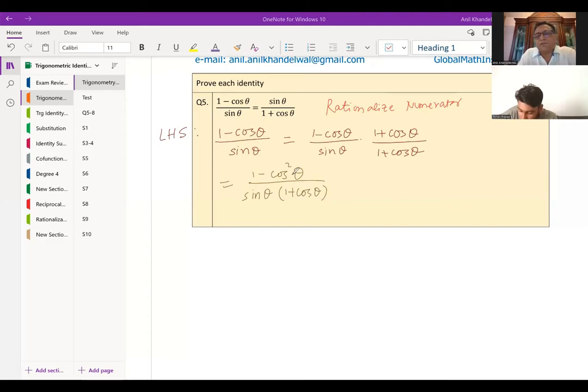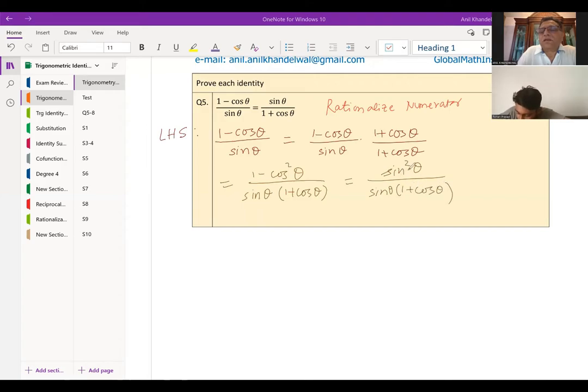Look here. If you look at the right-hand side, you will notice that we already have 1 plus cos theta in the denominator, right? Yes, sir. What is 1 minus cos square theta? Wouldn't it be sine? Oh, wait. 1 minus cos squared theta would be sine squared theta. Correct. And we have sine theta times 1 plus cos theta.